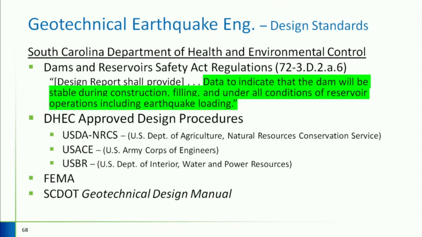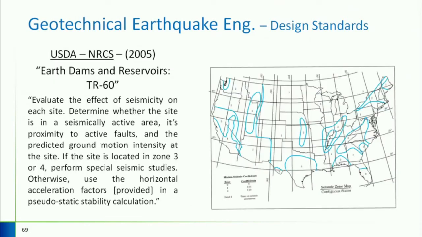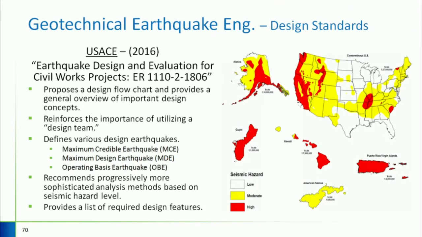So what do they have to say about it? If you look at the NRCS, it's about the same thing. It's just a statement saying that you should address this. It is a concern. You look at the Army Corps, they go a little further. They kind of define some things of interest: maximum credible, maximum design, operating basis.